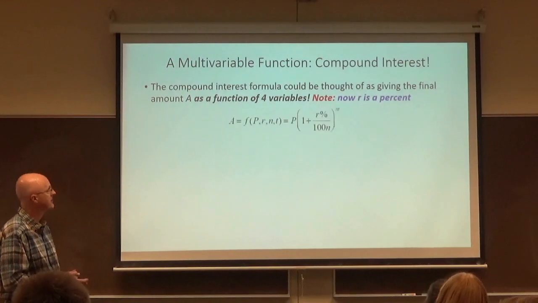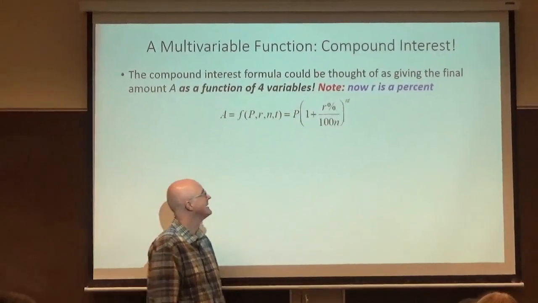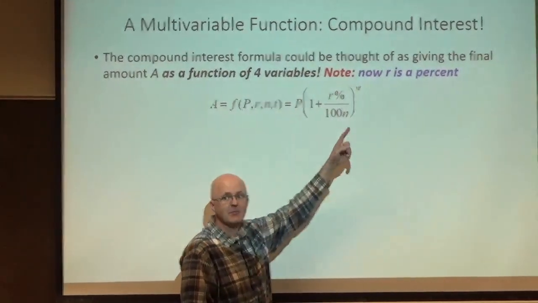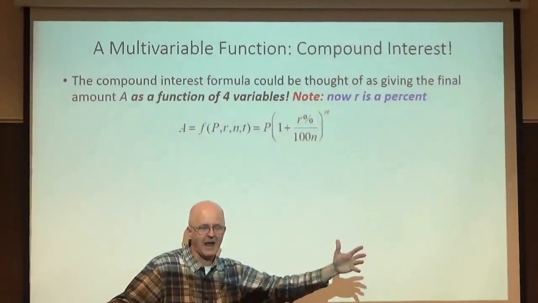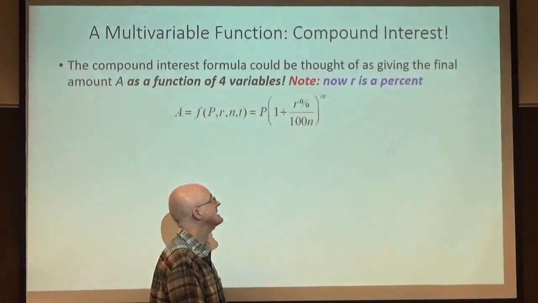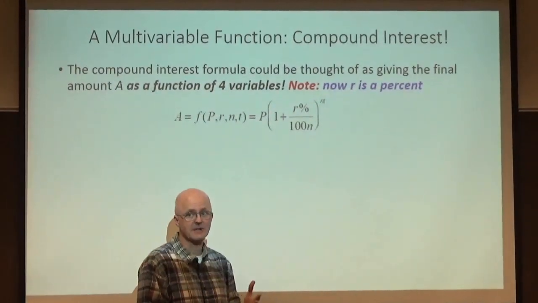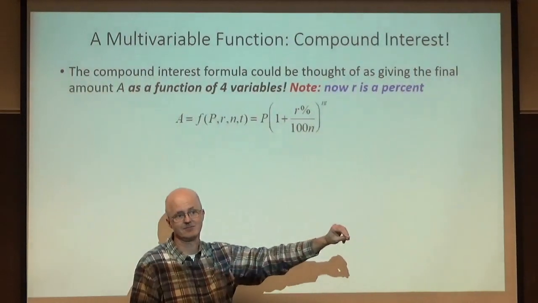The compound interest formula is this. I modified it from last Friday to make R be plugged in as a percent. And I even put a percent sign there. Of course, you don't actually do anything with the percent when you use the formula. So, for example, if R represents 4%, you plug a 4 in there, not a 0.04.